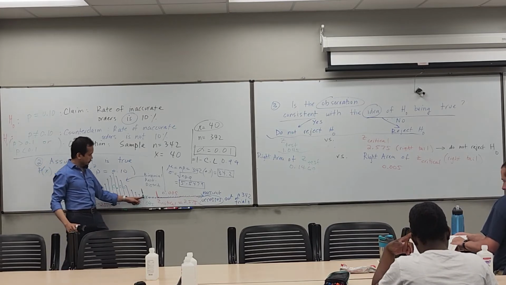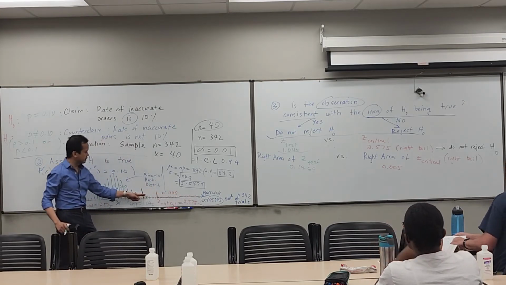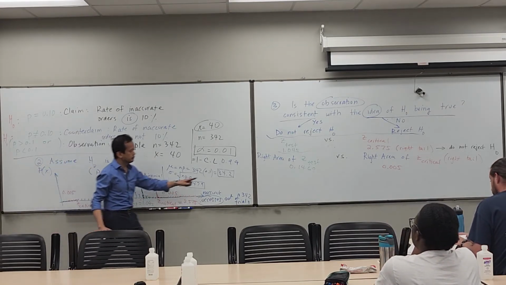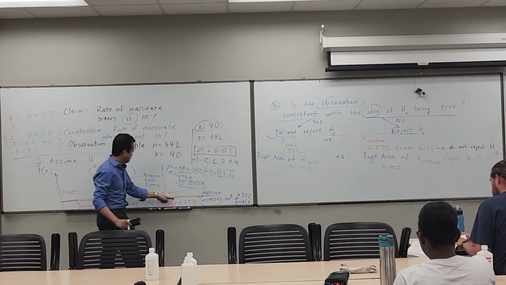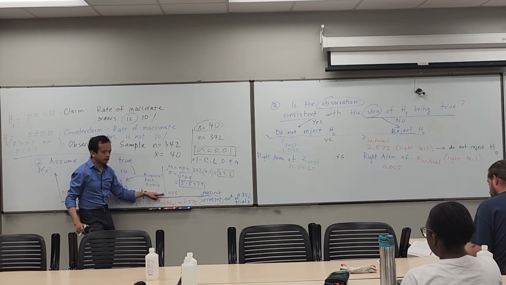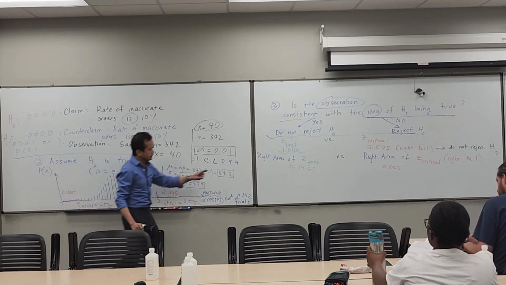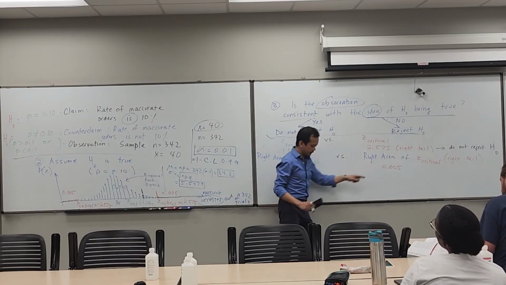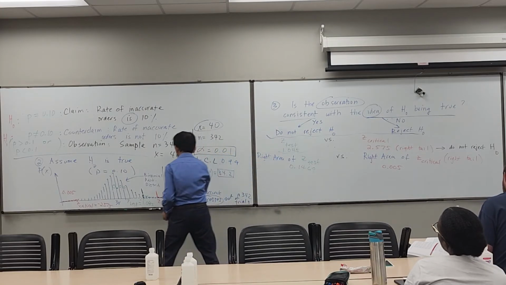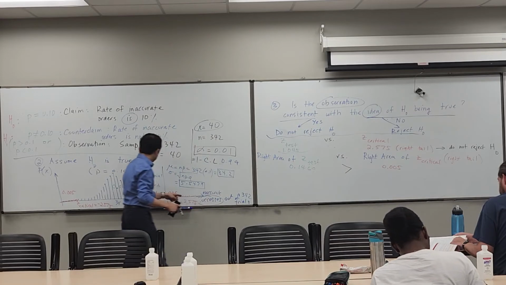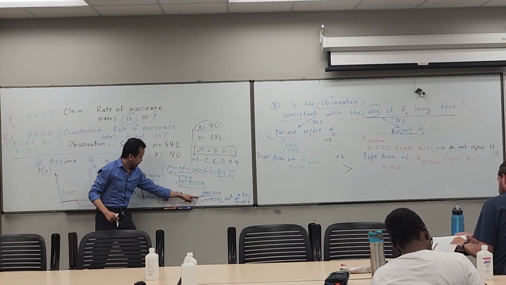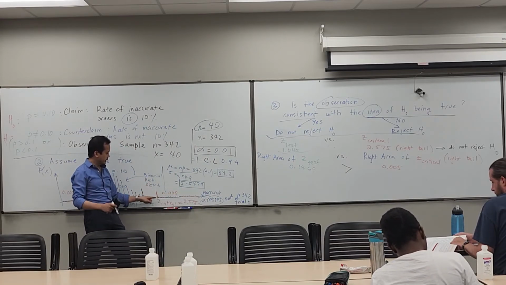So this total area in green, which represents the area to the right of z-test under the bell curve, is 0.1469. And the total area of the tail is 0.005. So this area in green is more than or less than this area in red? It is more than. So that's consistent with this picture. This total area in green is greater than this area in red.